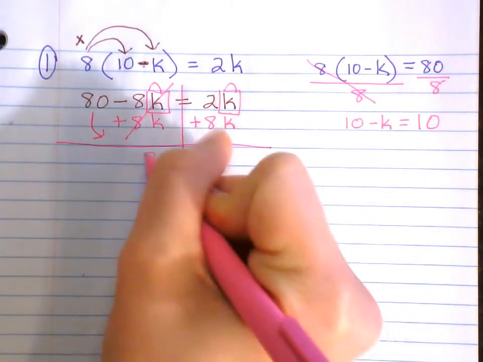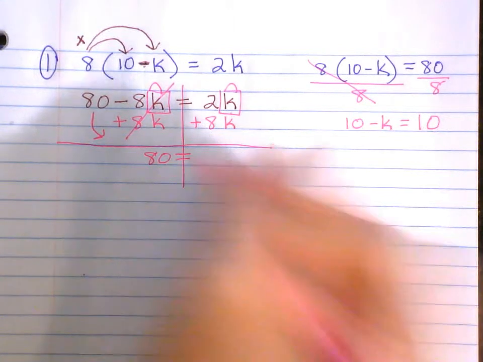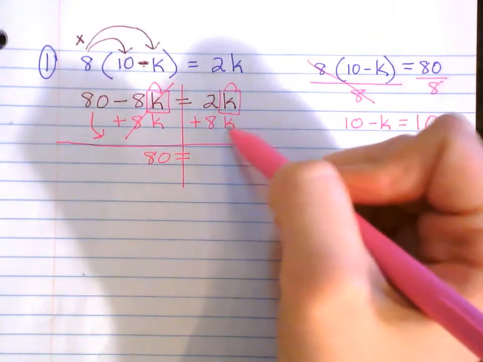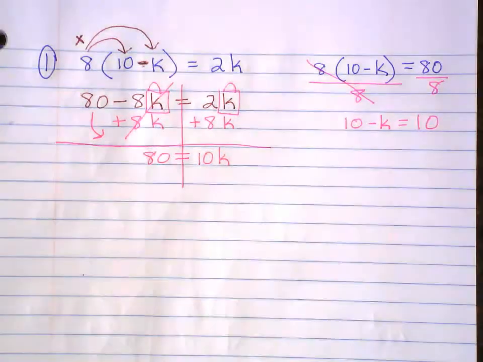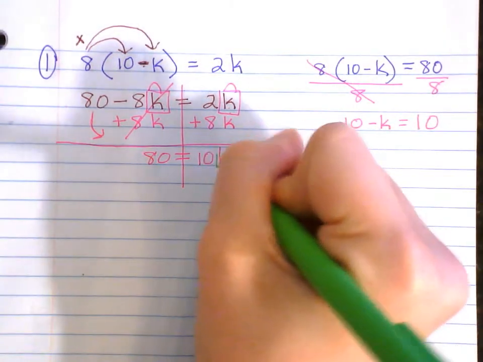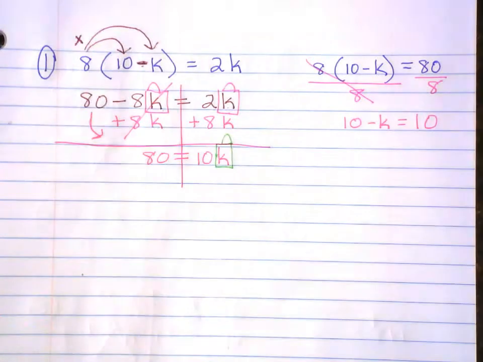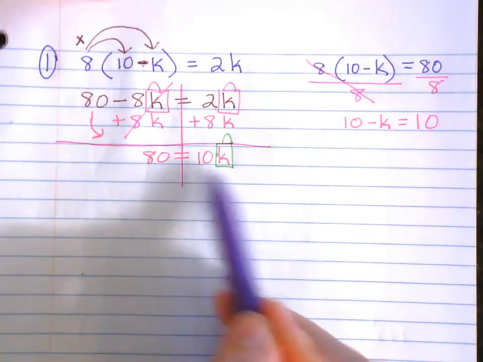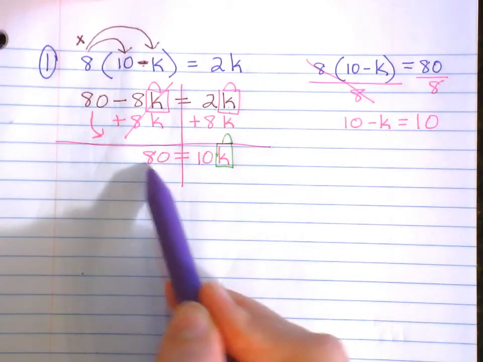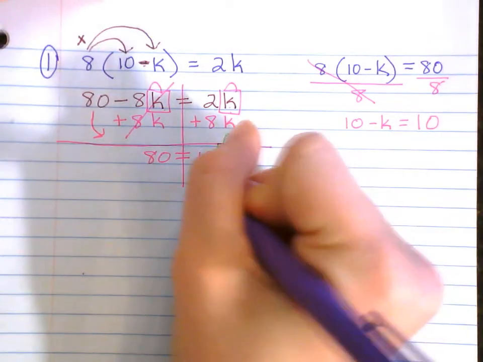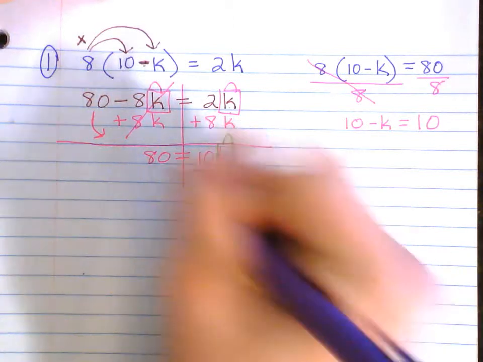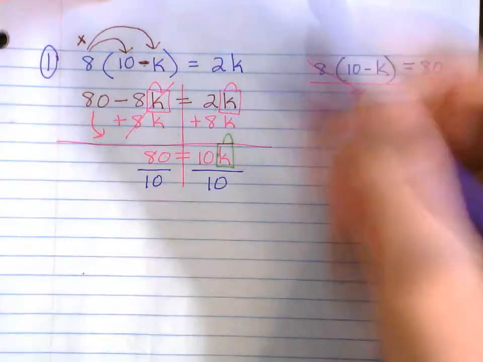Bring down your equal sign. 2k's plus 8 more k's is 10k. Box it up. So 10 times some number equals 80. Well, how do we undo this multiplication, the marriage? We have to divide both sides by 10.